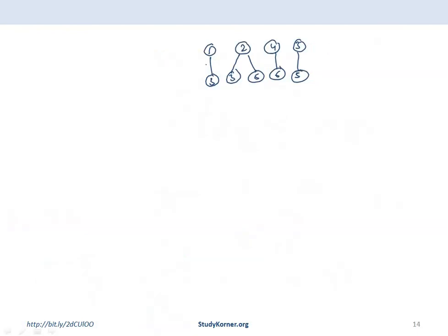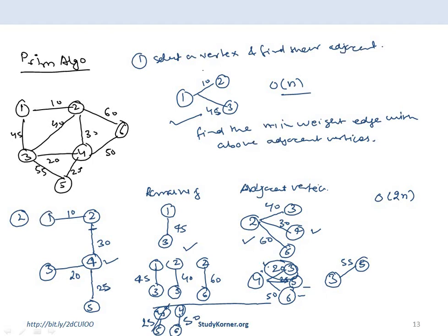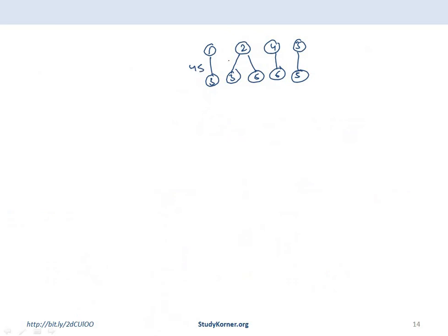Now the edge weights for these are 45, 40, 60, and for 4 to 6 we have 50, and for 3 to 5 we have 55. These are the remaining set.